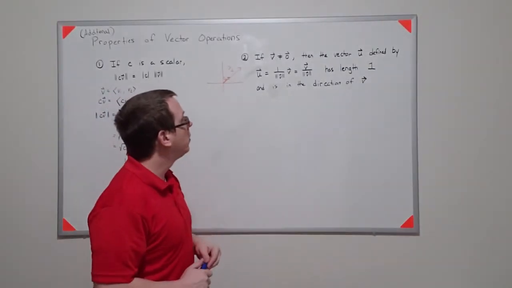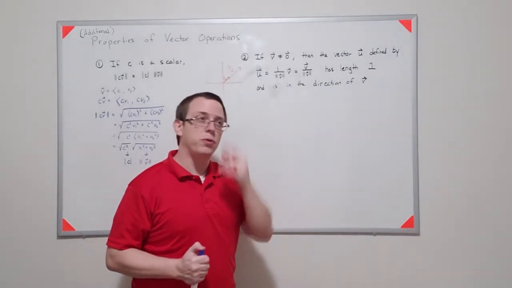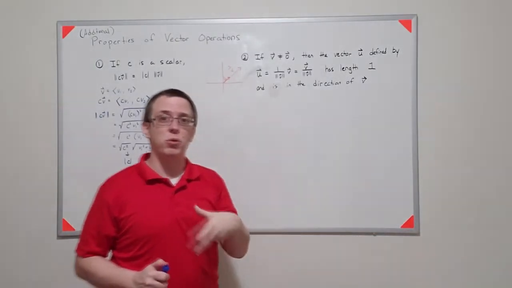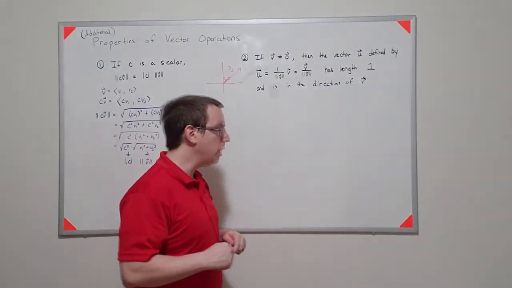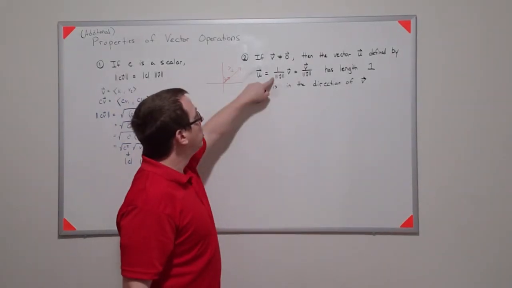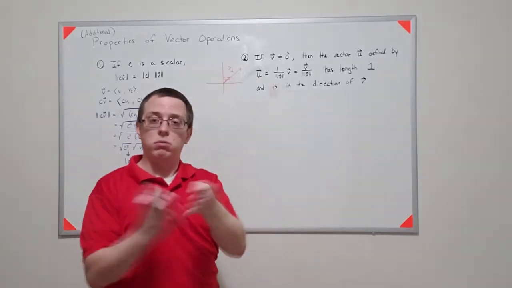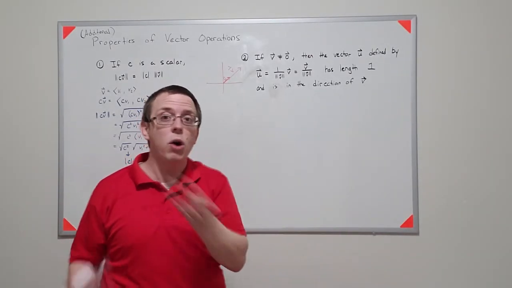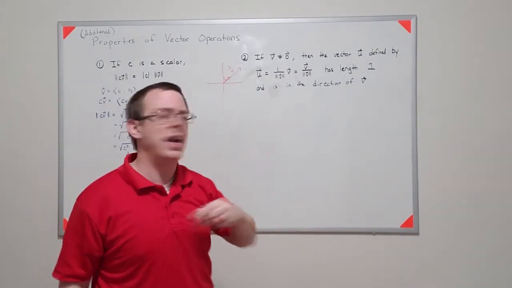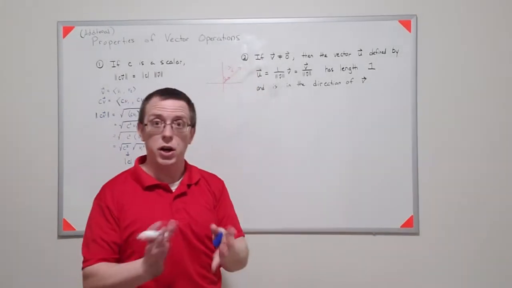This one's actually, the proof is easy if you accept what's happening. So we know that the magnitude of v is some number. We don't know what it is, because if I had an actual v with numbers, I'd know what it is.